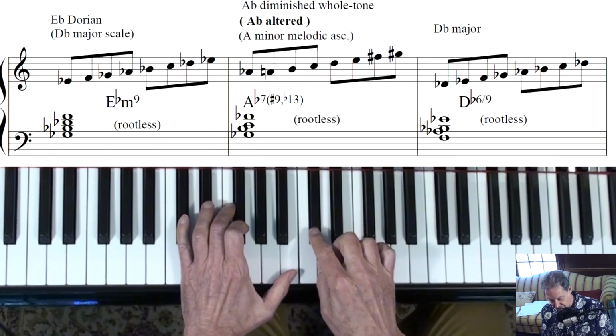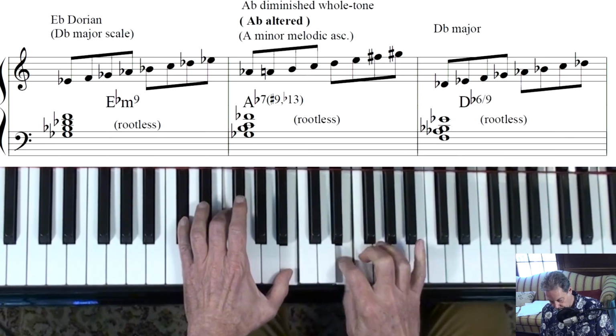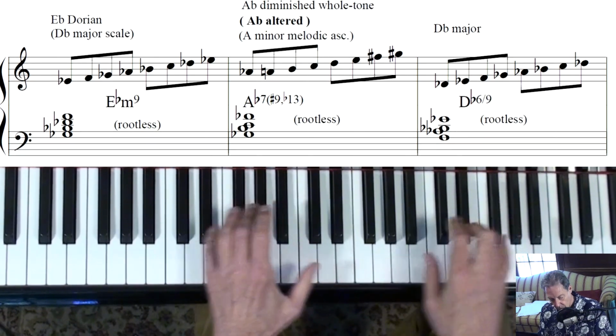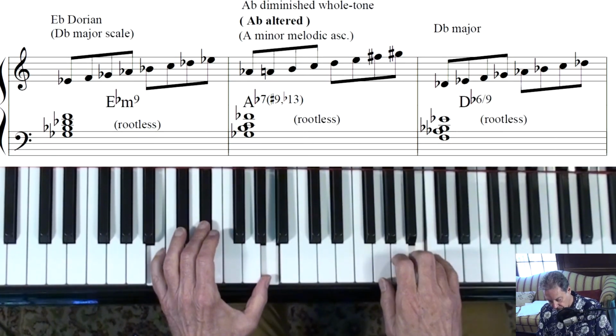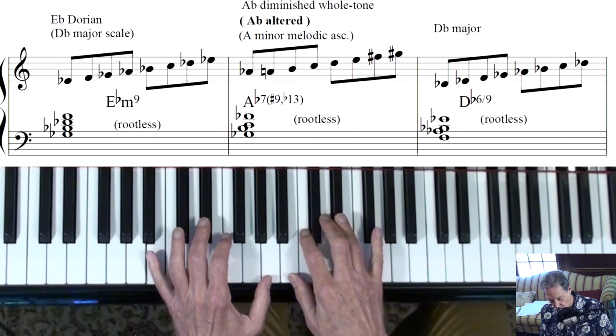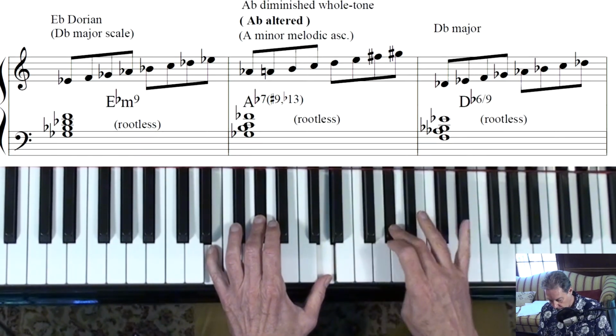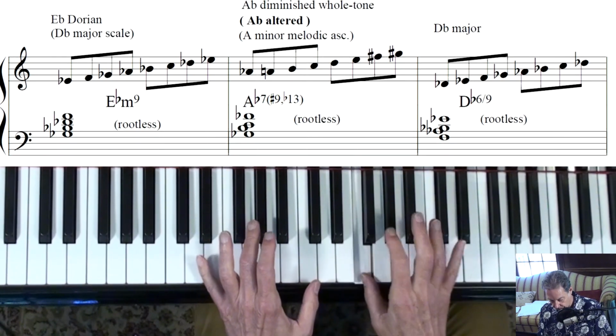That's an easy one there. It just has the root as the only black key. And that's another fairly easy one, just the one black key there. Start on 2.